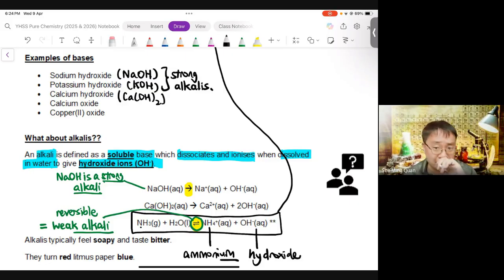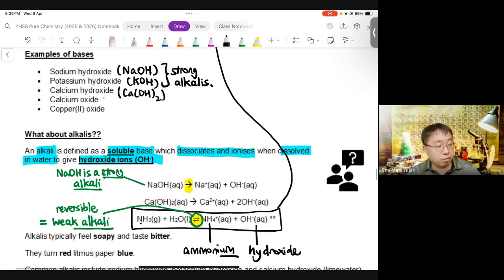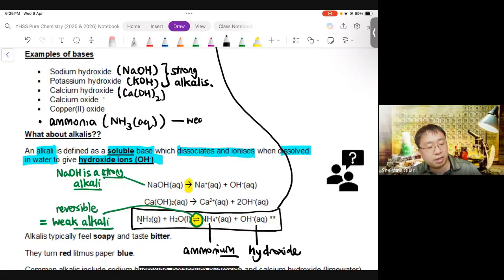Now, calcium hydroxide is a bit on the boundary. Calcium hydroxide is somewhere in between strong and weak. All right. So these are the common alkalis. And finally, you have ammonia, which unfortunately is not here. Ammonia, okay, is NH3 aqueous. This is a weak alkali.